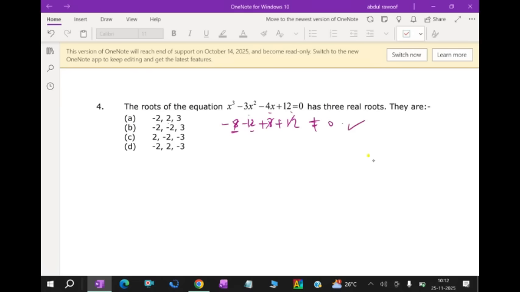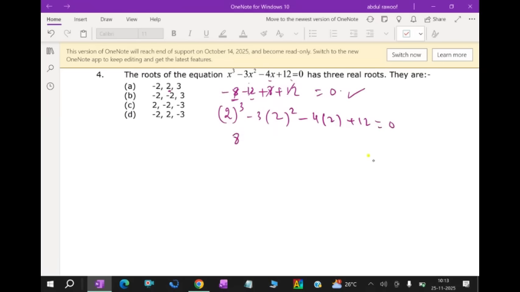So first hit itself, it's correct. So it comes to 0. That means while substituting, you also have to check this 2, because minus 2 is another option. So check with 2. So 2 cube minus 3 into 2 square minus 4 into 2 plus 12 equal to 0. Check this one.